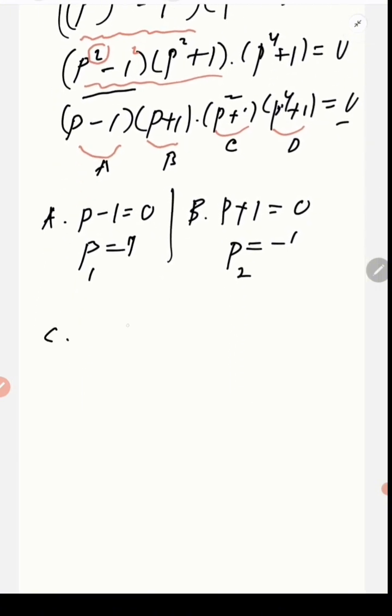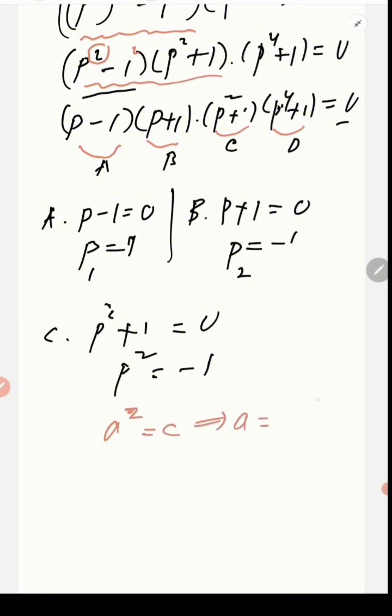For C, p squared plus 1 equal to 0, or p squared is equal to minus 1. We know that if a squared is equal to c, then a is equal to plus minus square root of c.